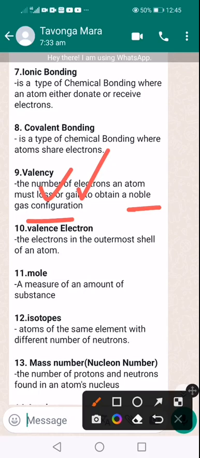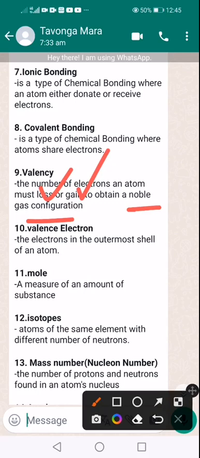Right? So valence is just the number of electrons an atom must lose or gain to obtain a noble gas configuration, or to be stable, or to form chemical bonding.